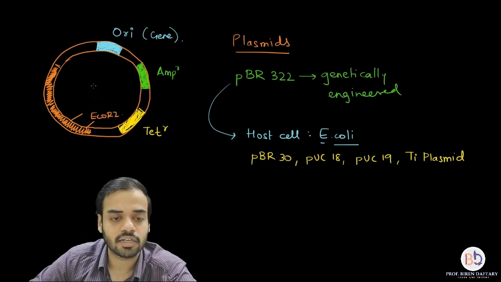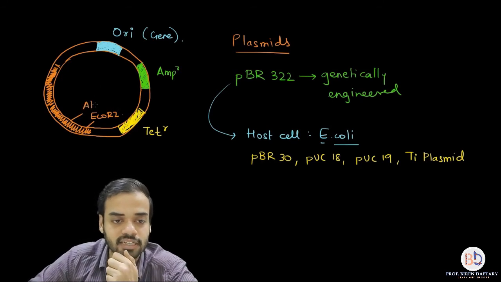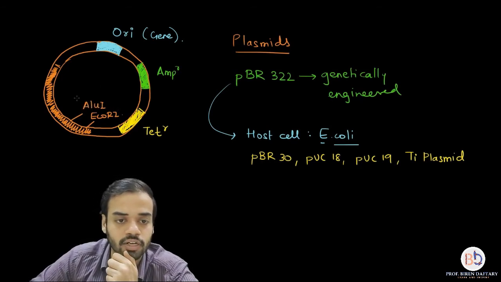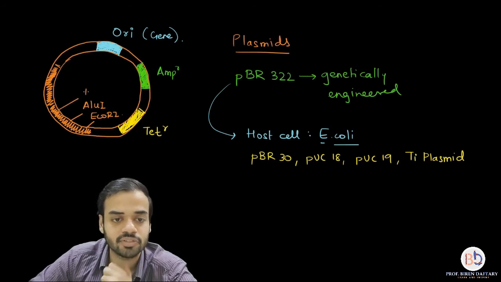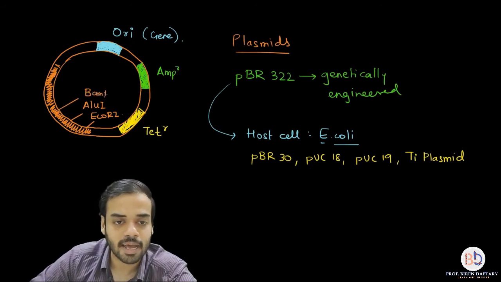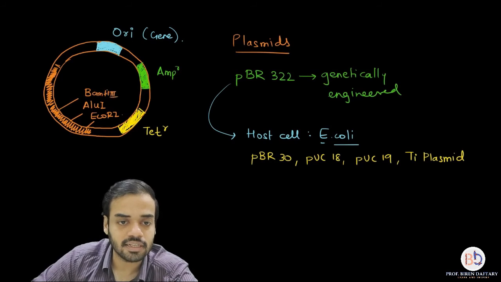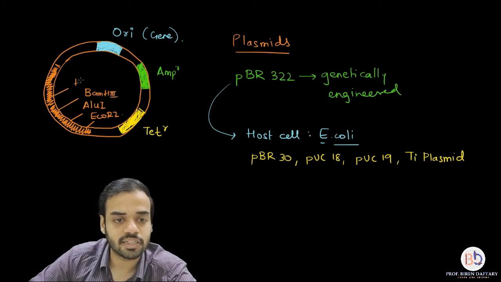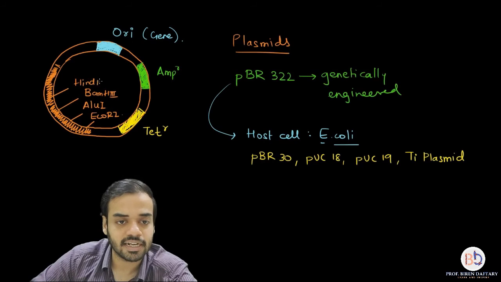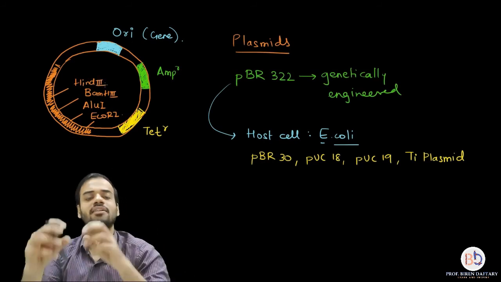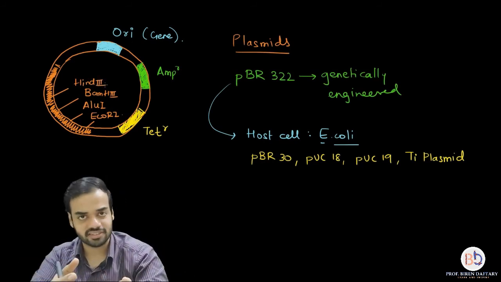This can be cut using the restriction enzyme AluI. This can be cut using restriction enzyme BamHI. This can be cut using restriction enzyme HindIII. These are the names of the restriction enzymes that I have written.